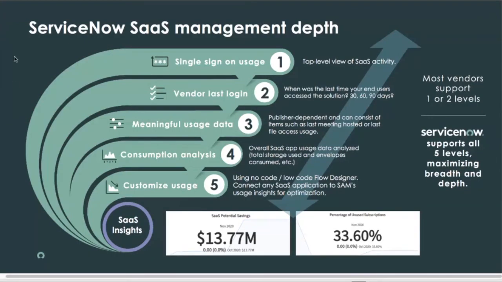Next here, just to highlight a little bit on how that actually occurs. There are various types of integrations that are set up here, typically at the API level or some out of the box. You can also set up your own, but basically you can track your overall sign-on usage across the organization. When was the last time individuals were using a particular application?